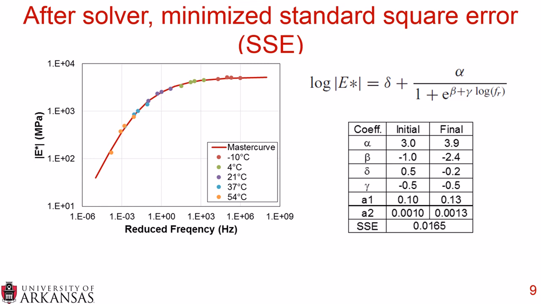And the final coefficients you can see here are relatively close to the initial coefficients, but the whole point is to minimize that SSE, or the sum of squared error value, which here is 0.0165. And that's what Microsoft Solver does, is it takes the difference between the fitted curve and the actual data, and it minimizes that difference so you want as low of an SSE as possible.